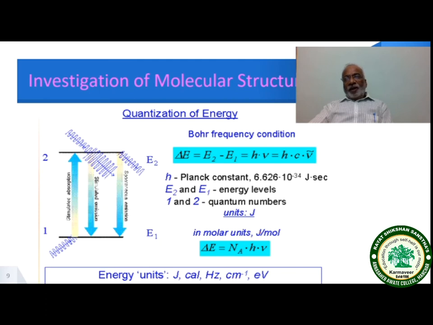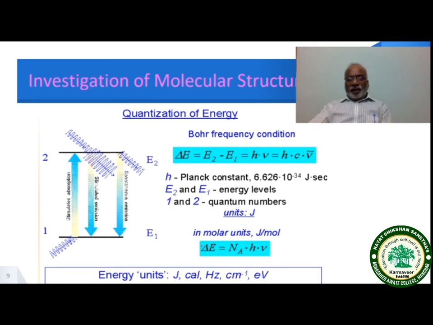In the first equation, E is equal to h nu, this is the single quantum, and this is the number of molecules present, Avogadro's number. So delta E is equal to N h nu, and its unit is joule per mole.